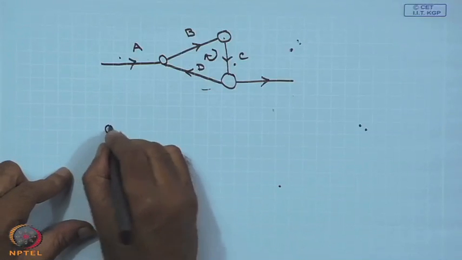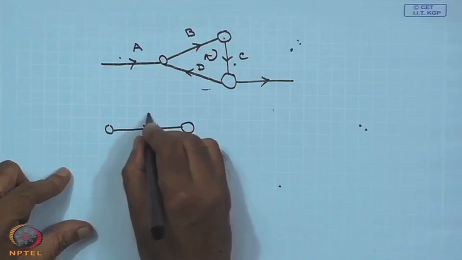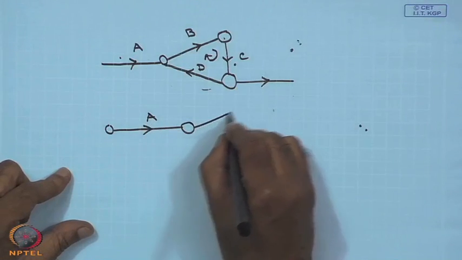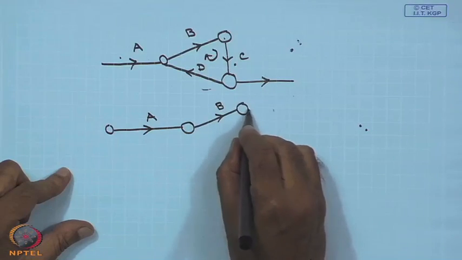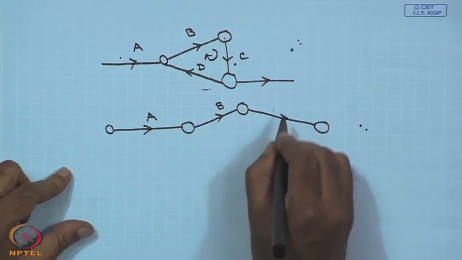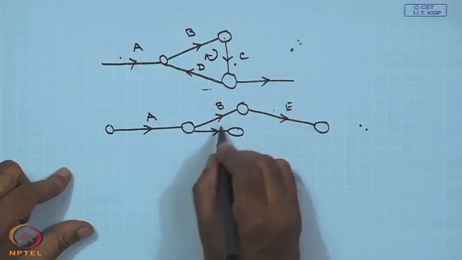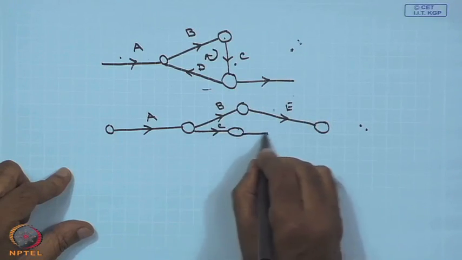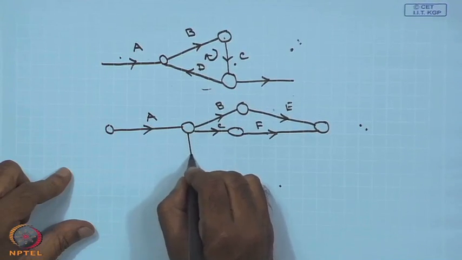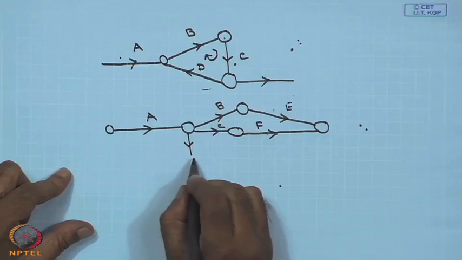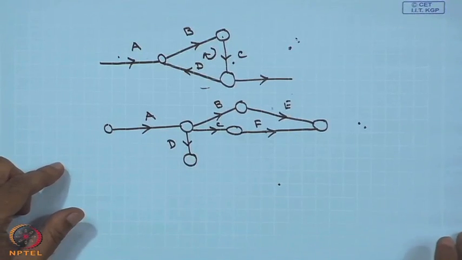So, you have something like this: say this is activity A, from here you go to B, and from here this is E, this is say C, from here to here say F, and there is another one, say D. You have a network like this.